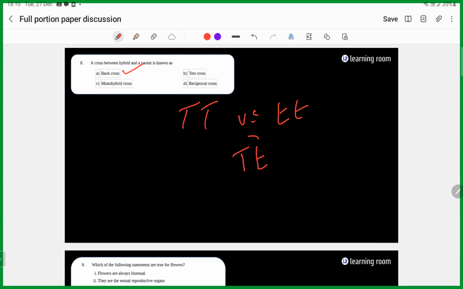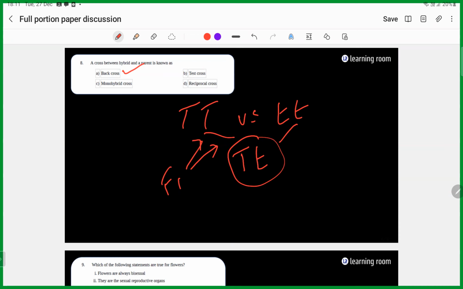And when this F1 progeny is crossed with any of the parents, then it is called what? F1 hybrid crossed with any of the parents is called back cross.